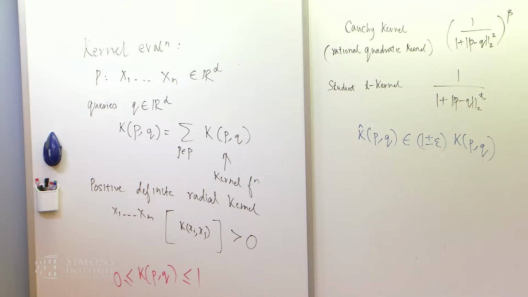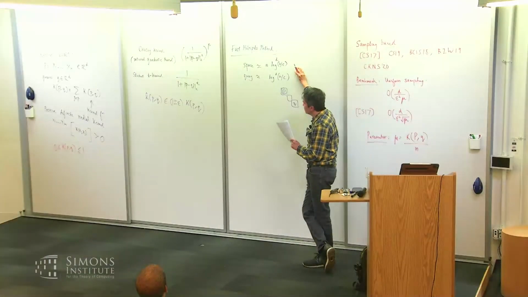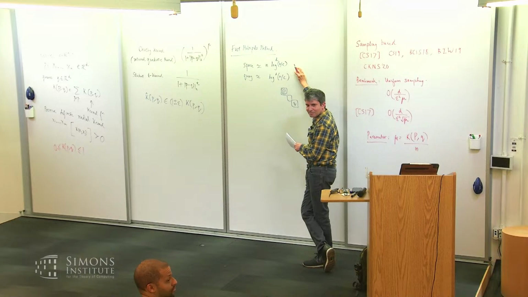These produce additive errors, as far as I know. So I'm being a little bit... They are not 1 plus epsilon times it. I think so, but I'm not sure. Do you guys know? This is additive epsilon by n.